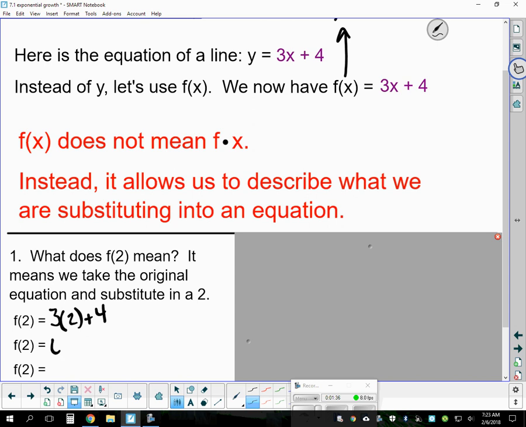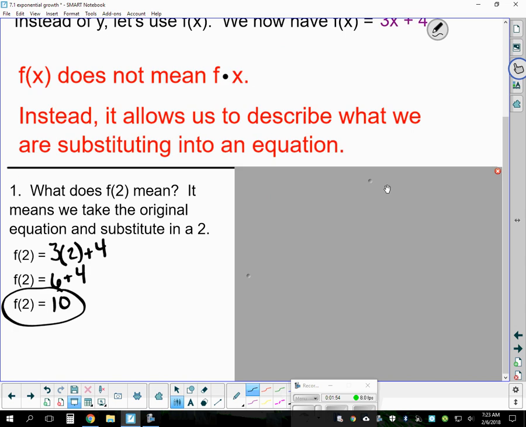So that gives me 6 plus 4, and then that gives me 10. So f of 2 equals 10, that is my answer, and that means if you take your function f, you substitute 2 in, you will get 10 out. So 2 is the input, 10 is the output, f was the name of the function we used.